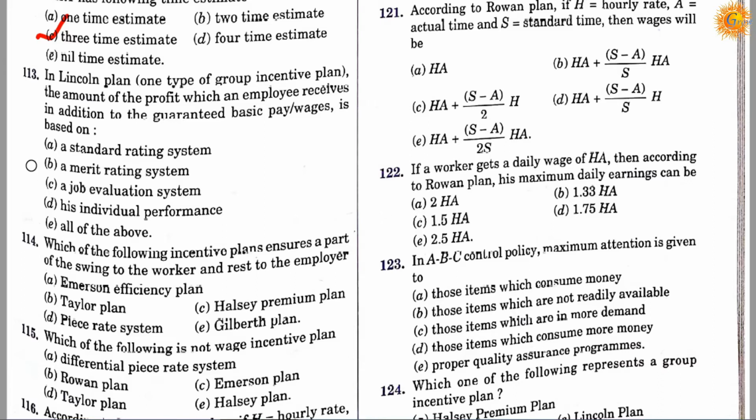So the correct answer is B, a merit rating system. It means in the Lincoln plan, one type of group incentive plan, the amount of the profit which an employee receives in addition to the guaranteed basic pay or wages will be based on a merit rating system.